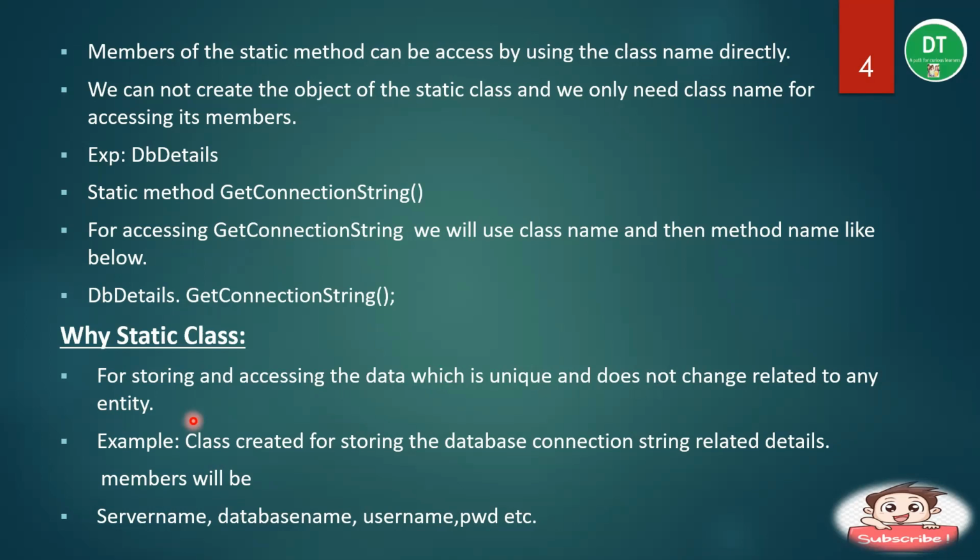But if we have details which will not change, then for accessing those details we use static classes. For example, for storing or accessing connection string details, we can use static classes because connection string details do not change from time to time. They will be unique. In the connection string, we will have variables like server name, database name, username, password, etc.